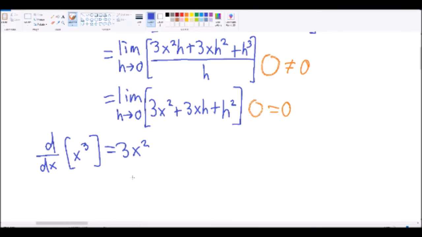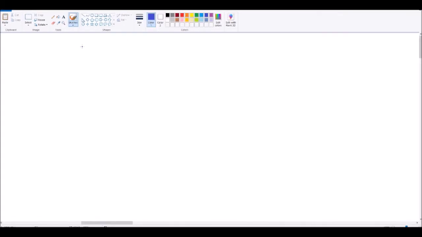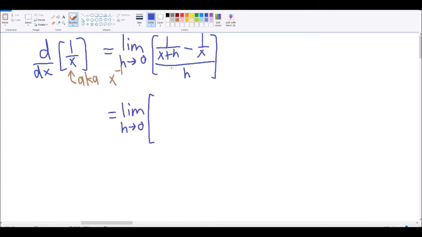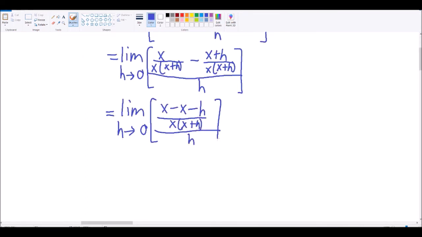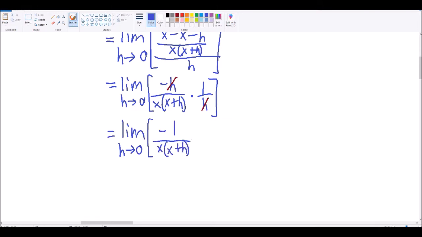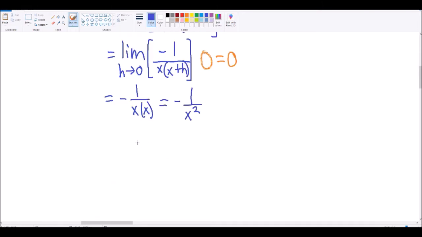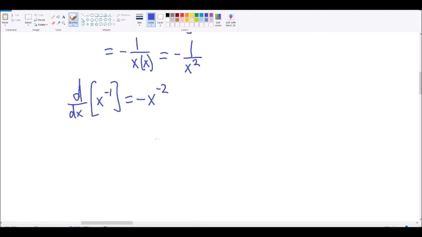You might be able to see a pattern already, but let's ponder what you get for a function like 1 over x. It can also be rewritten as x to the negative 1. Here's what happens. Now this answer can also be written as negative x to the negative 2.